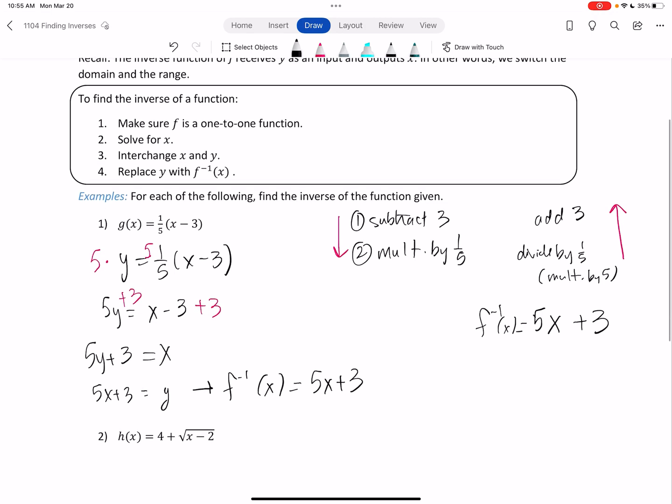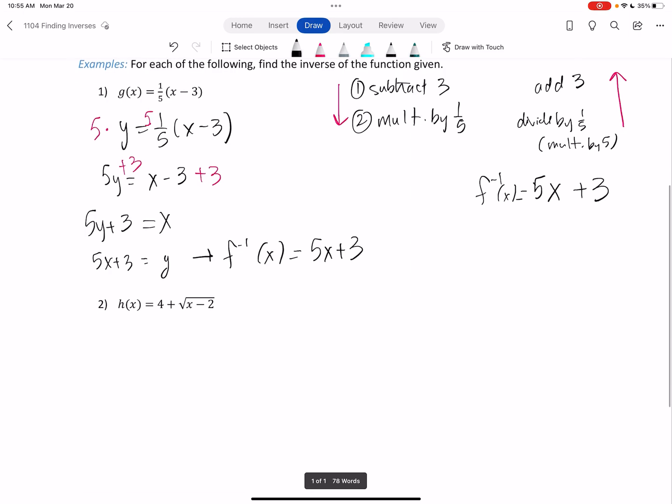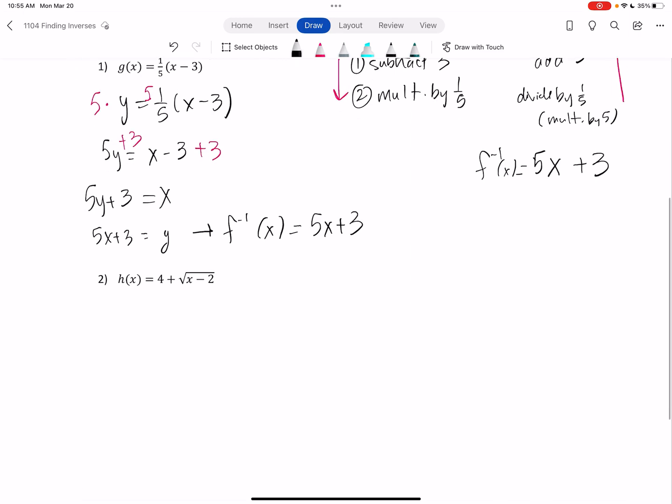Whichever method you like better. If you're okay writing down these steps and then reversing them, that's fine. If not, just do the algebraic way. So in my second function, if I start with this x, I'm going to subtract 2, take the square root, and then add 4.